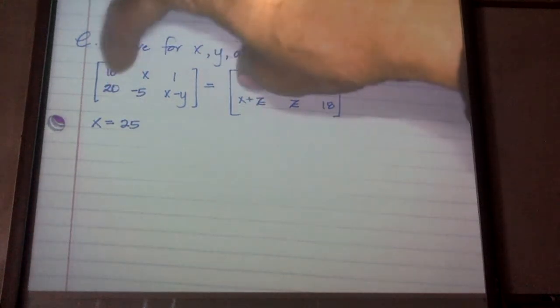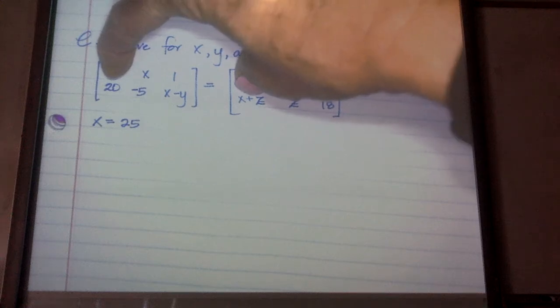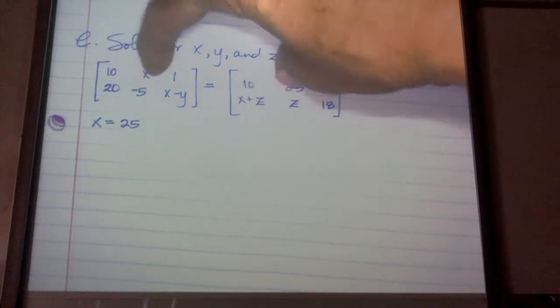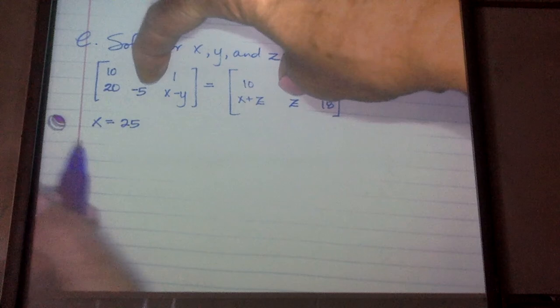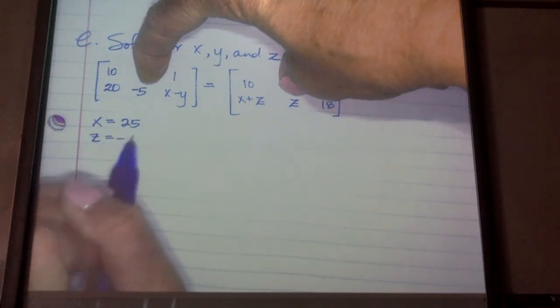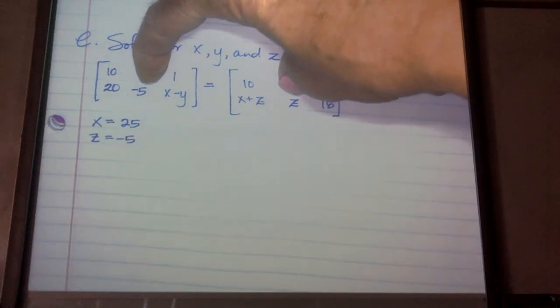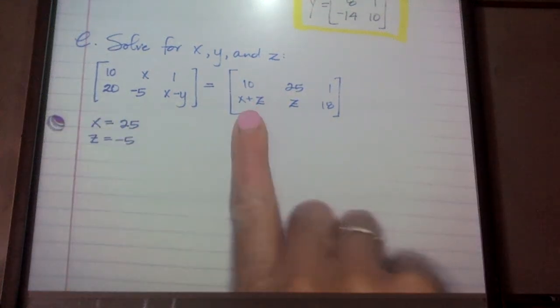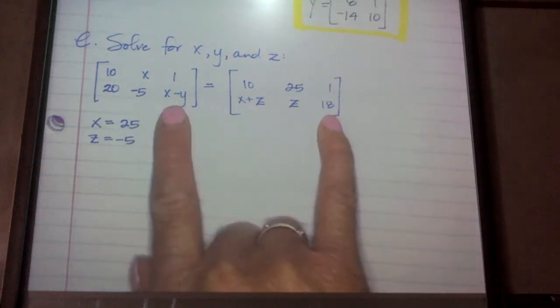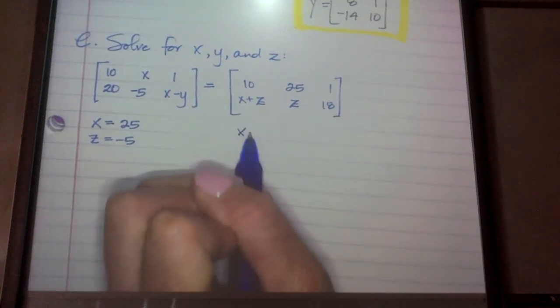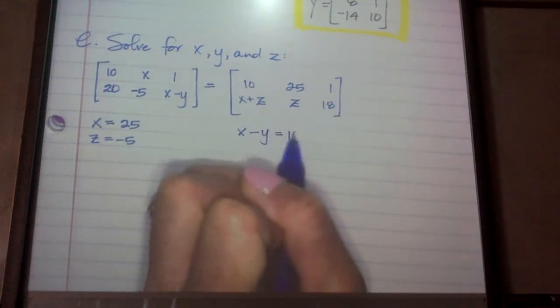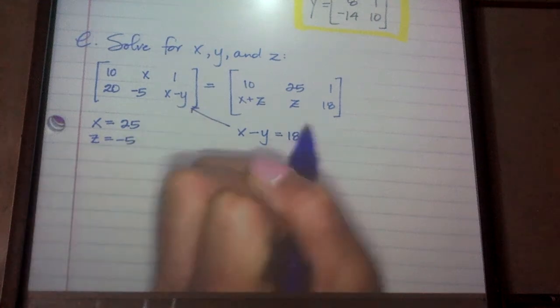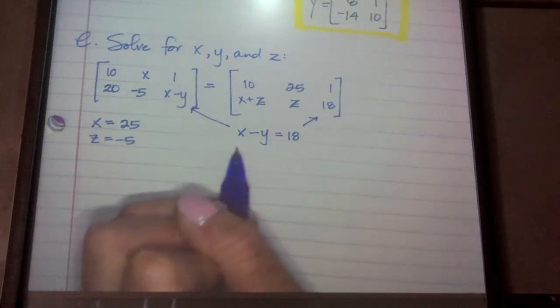Then if I look at these, x plus z, I can't do that one right now, but look at this bottom middle. These must equal each other. Z must equal negative 5 because they're in the bottom middle. But what about this one here? I know that x minus y must equal 18 because they're in the same position. And I've already solved for x.